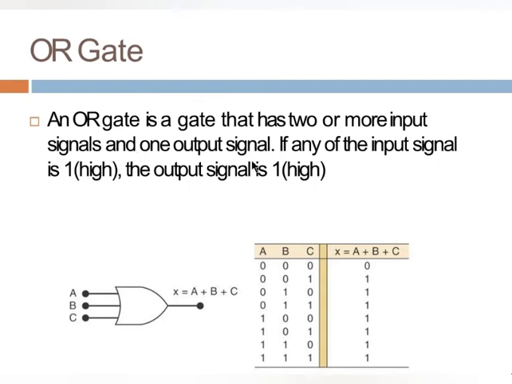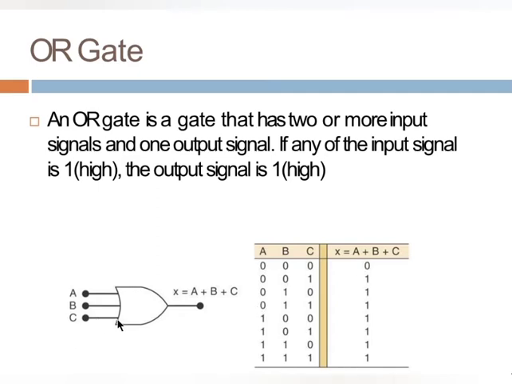And if any of the input signals is high, the output is high. See the symbolic representation of OR gate. This is an OR gate with 3 inputs and an output. The truth table is given there, A B C with all the possible input combinations and the output too.